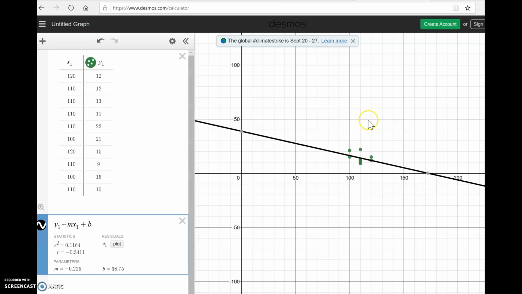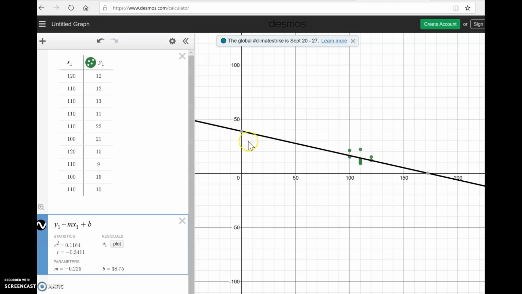For this information, because our x range is from 100 to 120, x equal to 0 does not have any meaning according to this set of data. Because x1 is the calories and y1 is the carbs. So it doesn't mean when you have a 0-calorie food, the carb is going to be 38.75.